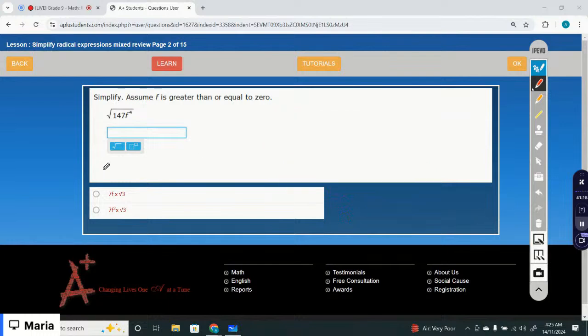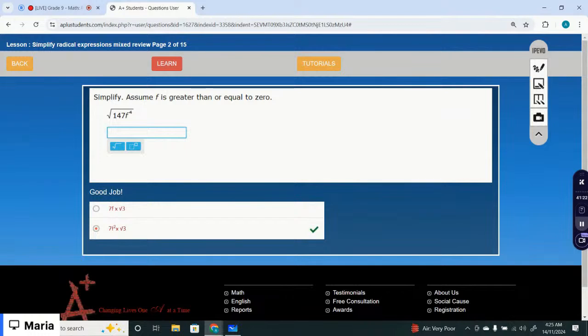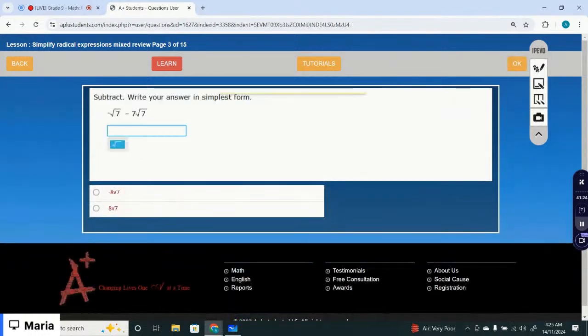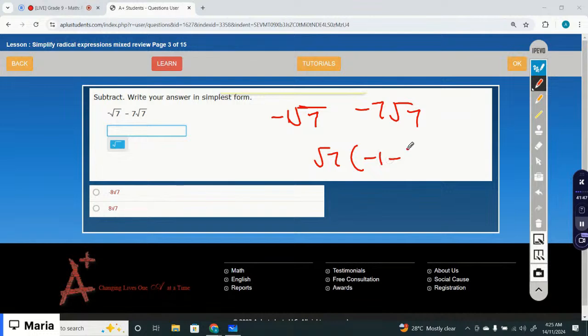Option number 2 is the correct option. Okay, negative square root 7 minus 7 square root 7. So which is the correct option? Just see square root 7 as a like term. You have negative 1 square root 7 and minus 7 square root 7. Take square root 7 common, you are left with negative 1 minus 7.